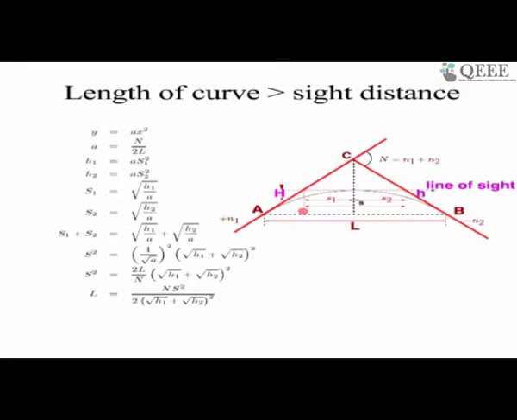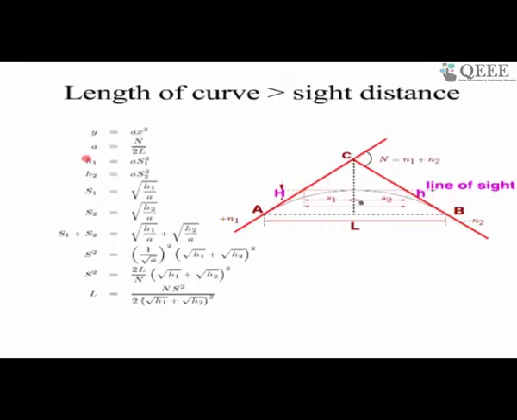So now we know that we have the driver eye height and, on the other side, the object height. If we have a driver eye height H in this case and object height is small h, so this is my height and this is my line of sight and this is the other side object, then only I can see the object on the other side. So we need to find out what this distance should be, which should meet the sight distance.